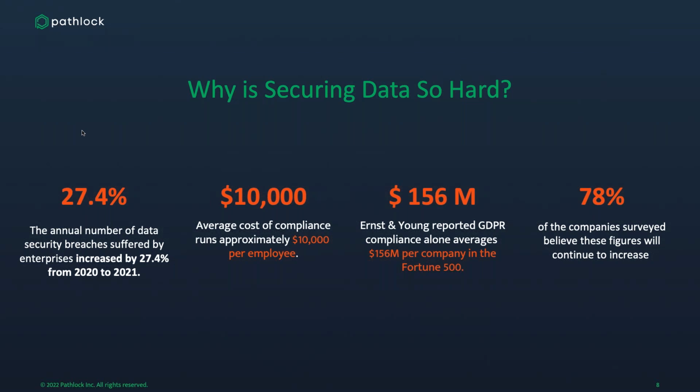It's a business problem. Sure, the solutions might actually be technical, but it's really a fundamental business process of how and what you're doing in your applications, what type of data you're collecting and storing and allowing access to. But 78% of companies surveyed believe these figures will continue to rise.